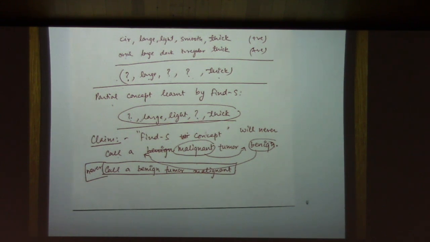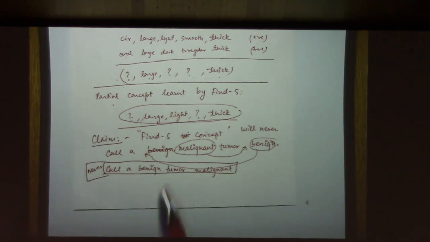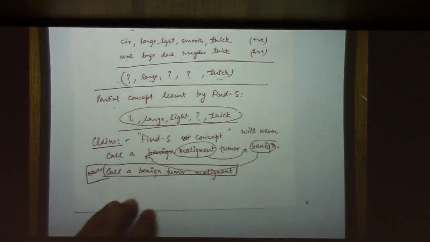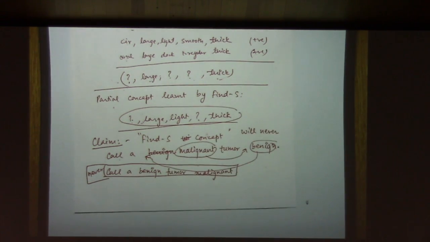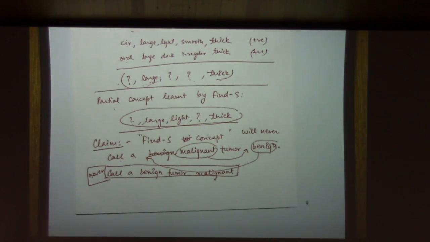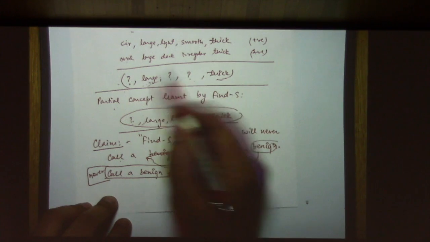And I want you to go back and think about this. It's easy to see. Whenever there is a benign tumor, of course, you don't know its label, but what you know is that a malignant tumor would be large and thick, because that is the process that generated that label. So if it is a benign tumor, either it won't be large or it won't be thick.